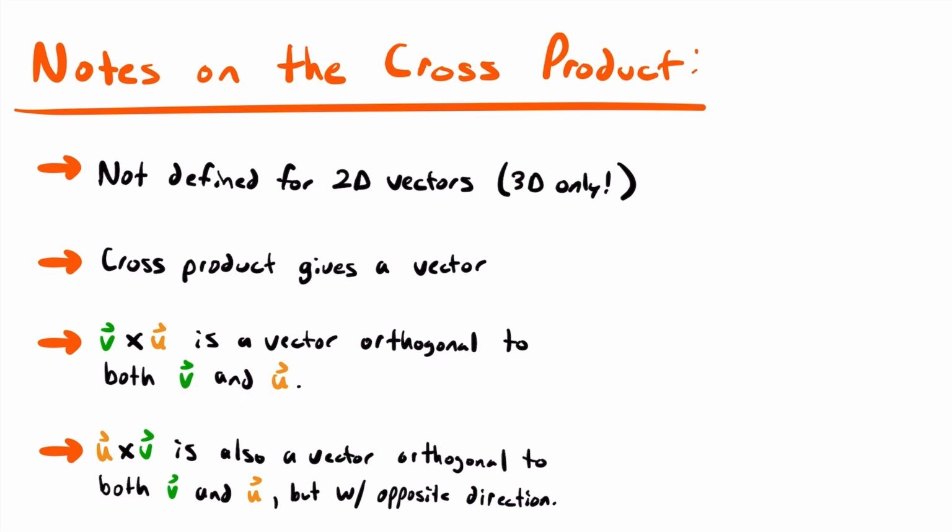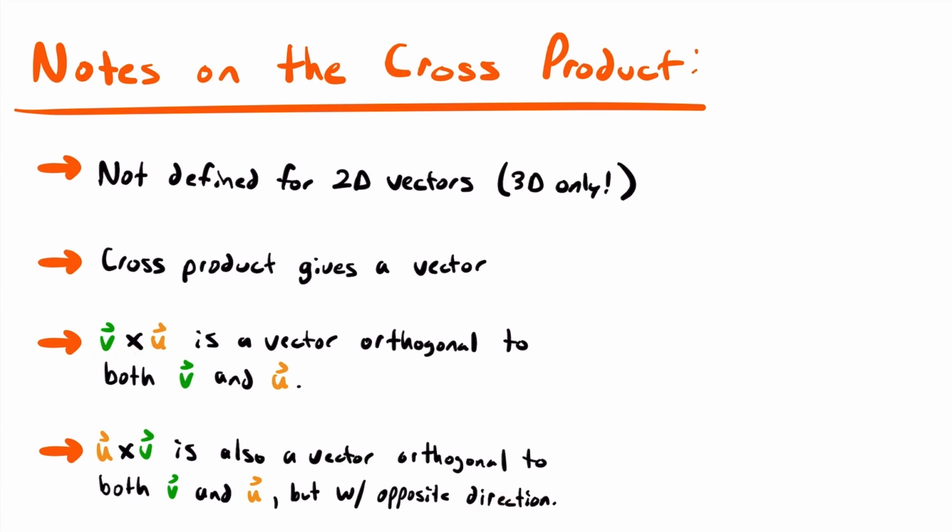In other words, the result is a vector that is perpendicular to both of those vectors that we multiplied together via the cross product. And in the same way, the reverse of that cross product, vector u cross vector v, notice that the order is reversed, the vector that results from that cross product is also a vector orthogonal to both vector v and vector u, but it will be in the opposite direction as v cross u.